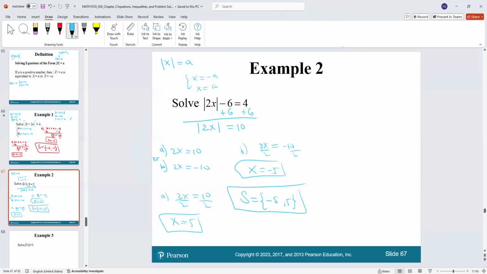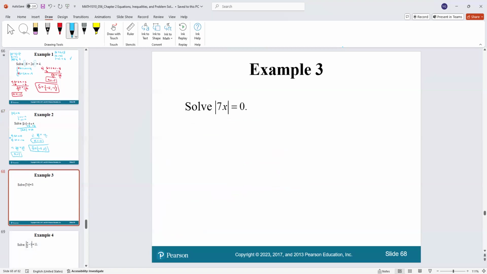All right. If you're good with that one, we can even go with another example very quickly. We have a few examples of these. So we're going to have absolute value of 7x equal to 0. We are looking for all numbers whose distance from 0 is 0. The only number is 0. So you cannot say here that you would apply the property where x would be equal to a and x would be equal to negative a. Look, if you said 7x equal to 0, divide by 7 from both sides, it's going to be 0.